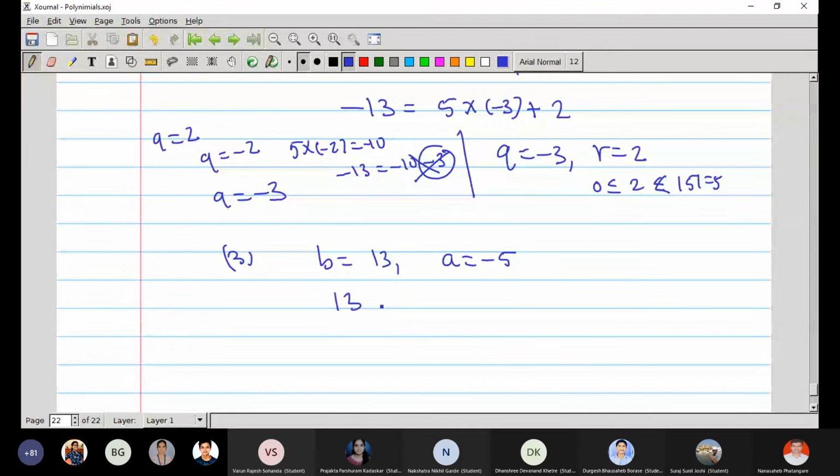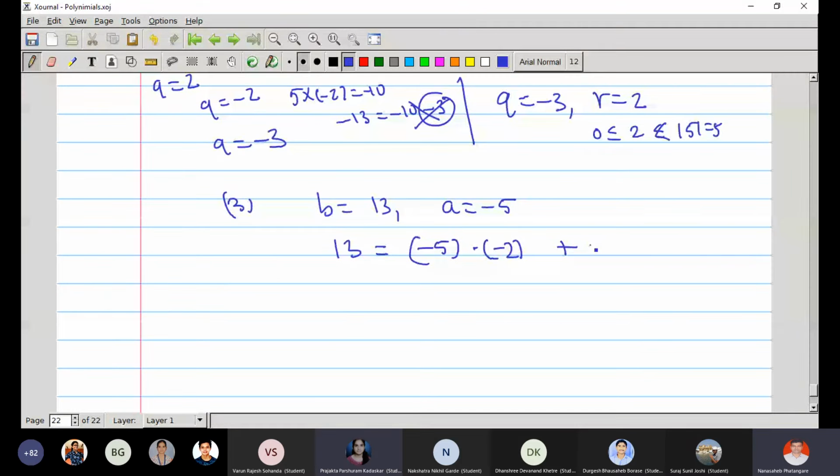What should it be? Yes, minus 2 plus 3. Very good. So the quotient is minus 2 and the remainder is 3.